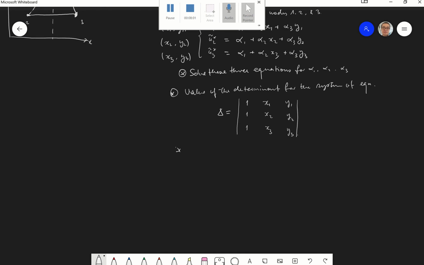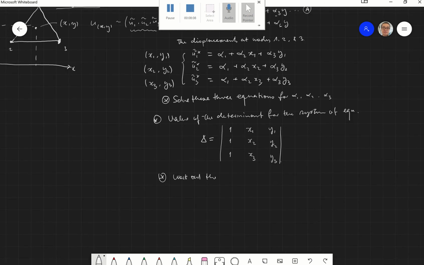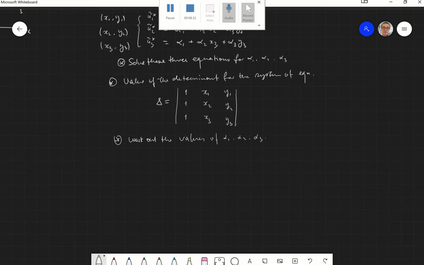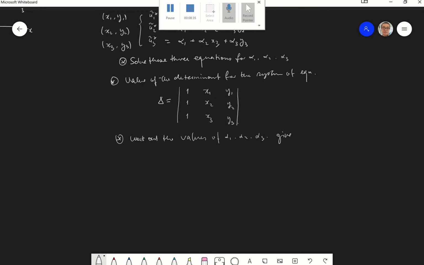Okay, now what do we want to work out? We want to work out the values of alpha 1, alpha 2, alpha 3, and these are given in terms of x1, x2, x3, y1, y2, and y3.